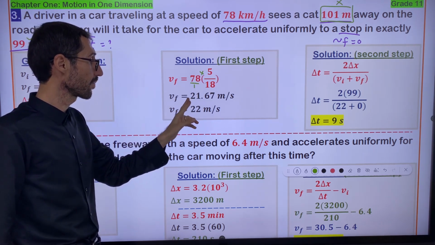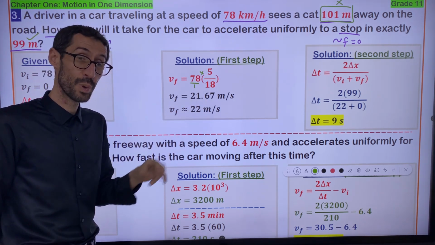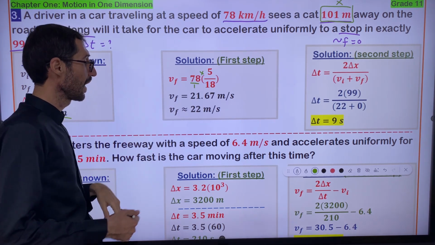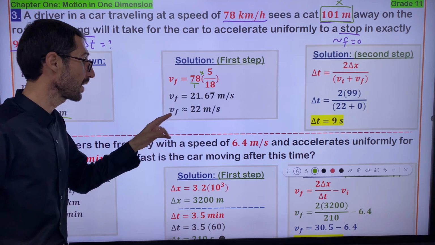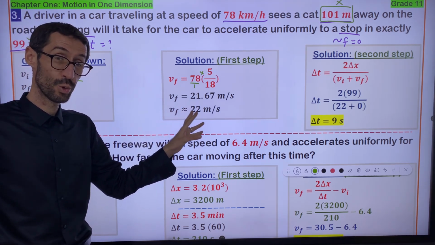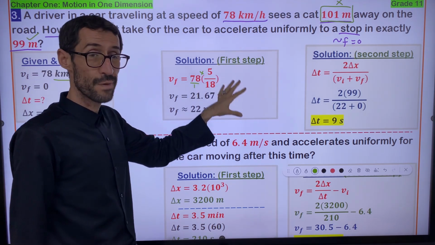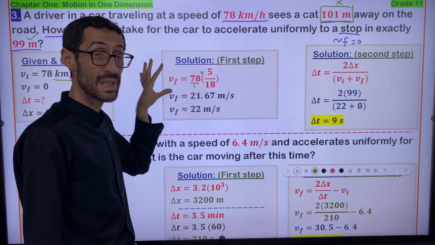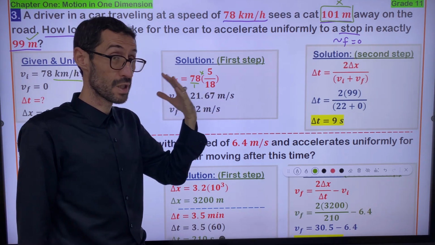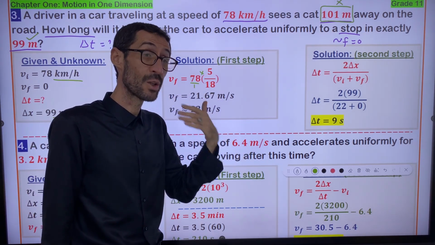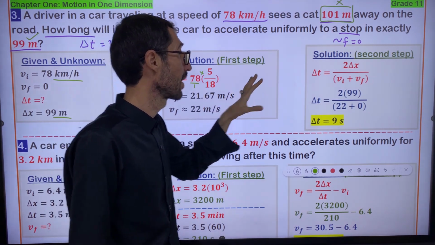And the answer is 21.67 meters per second. And the v is almost equal to 22 meters per second. Right. So this is the first step. The first step was conversion. Conversion matters in our solutions. I told you last lesson.